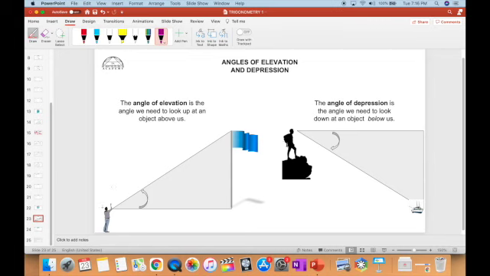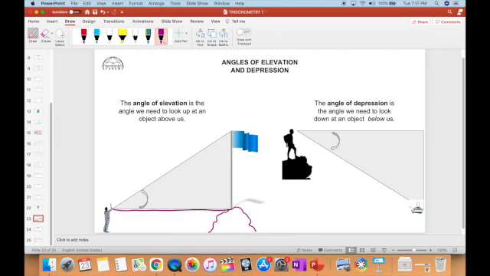So imagine now you are looking up at a flag. Let me just say the flag is mounted on a rock. You have to be really careful, because you had to understand that you looking at the flag forms a right angle triangle, but it forms it from the level of your eyes.